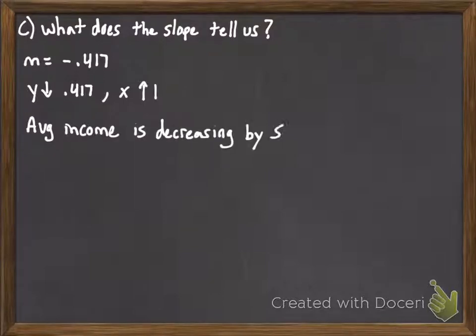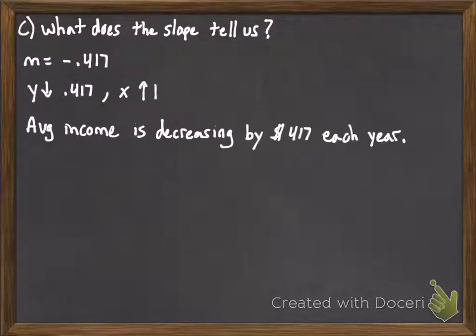And that's the average income decreasing by that amount. That's going to happen every time x goes up by 1. Well, x was years after 2000, so every time the year goes up by 1, or in other words, each year. So not a pretty picture here. The income is actually dropping by $417 each year.